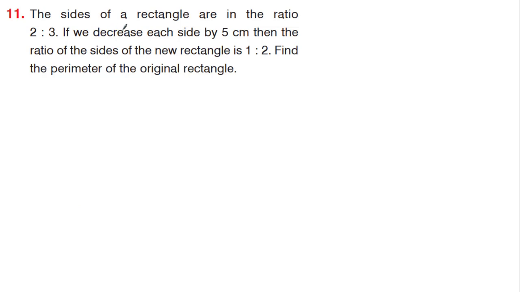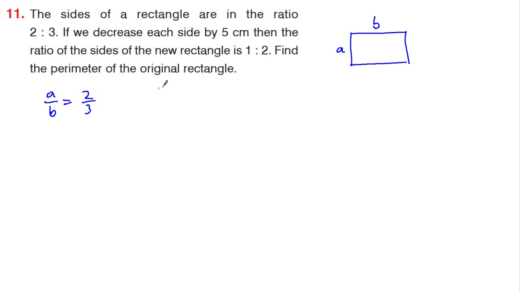The sides of a rectangle are in ratio 2 to 3. So we have a rectangle. It has sides not 2 and 3, but they will be a and b, which we can express in a ratio now. a over b would be 2 to 3.